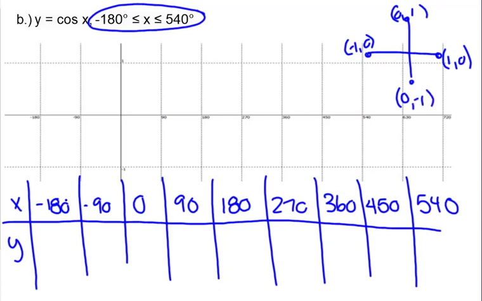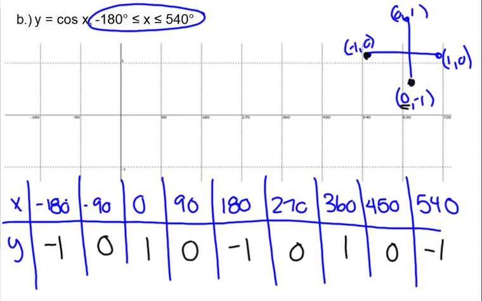With cosine, we are looking at the x-coordinates of those points. So the cosine of negative 180 is negative 1. Cosine of negative 90, remember cosines are x-coordinate, that is 0. Then we're at 1, 0, negative 1, 0, 1, 0, negative 1.